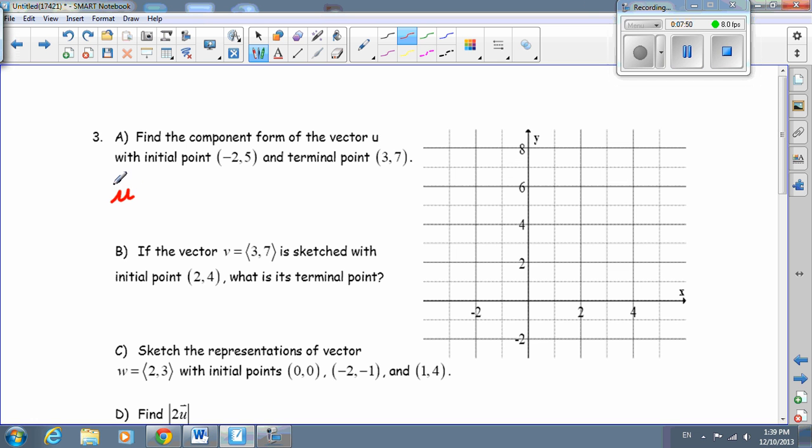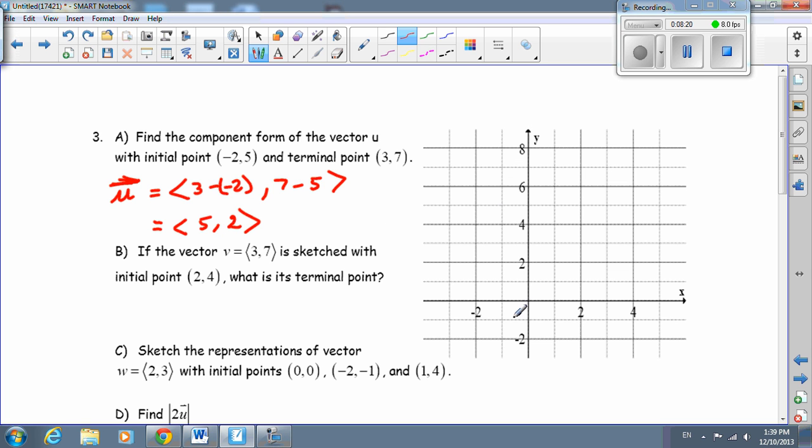I will say U, this is a vector U, is equal to, inside my bracket, 3 minus -2 for the first component, and the second one I will have 7 minus 5. And if I solve this, I will end up with 5, 2. Not a problem.